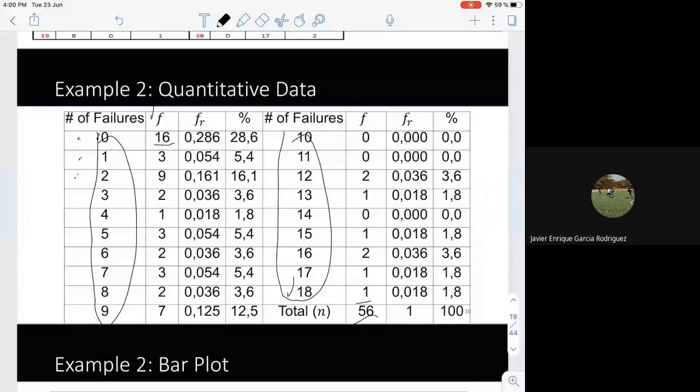With the absolute frequency, you can compute the relative frequency, which is just the absolute frequency divided by the number of observations. So 16 divided by 56, 3 divided by 56, 9 divided by 56, 2 divided by 56. And that's how you get the relative frequency. It just gives you an idea of the percentage of days or percentage of occurrences.